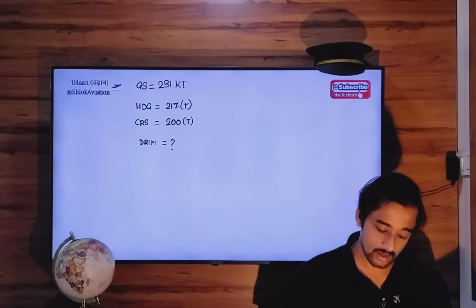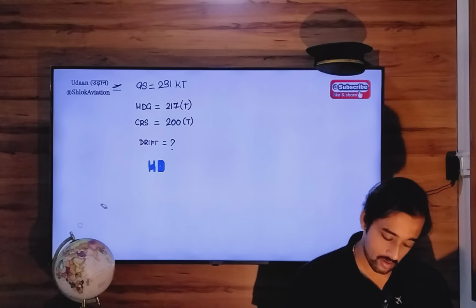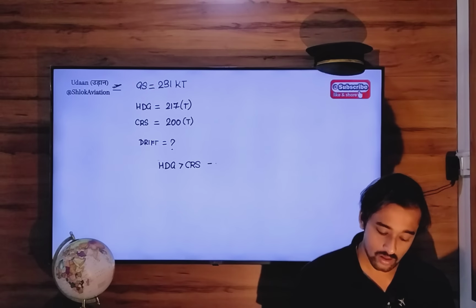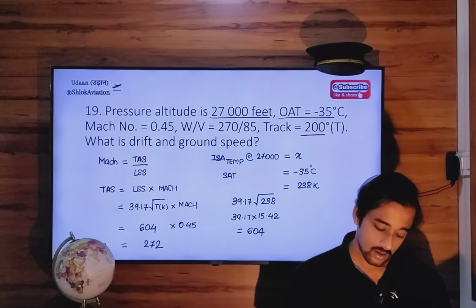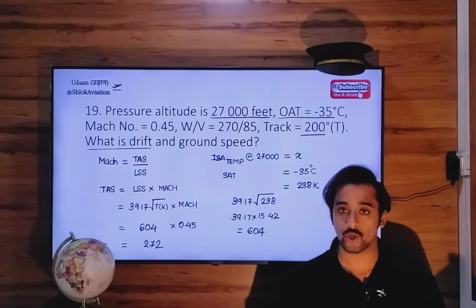We all know when heading is more than course, with heading more than course, you get port drift. So the answer will be, what is drift? It is a port drift of, in this case, 7 degrees. 217 minus 200, 7 degrees, and a ground speed of 231 knots. Important question, and this is how you solve it.